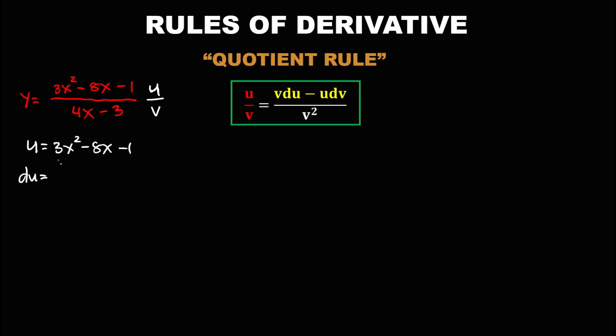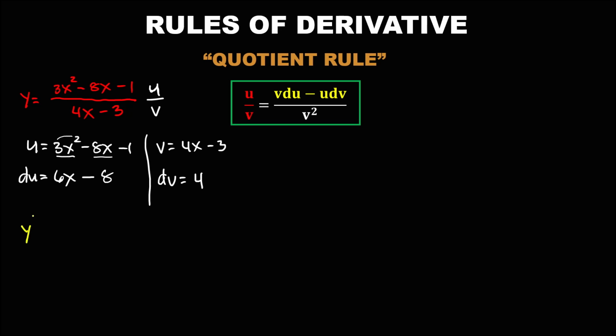Then du, the derivative of 3x squared: 3 times 2 is 6x. Then minus the derivative of 8x, that's 8. Then for v, v is 4x minus 3. And the derivative of v is 4.